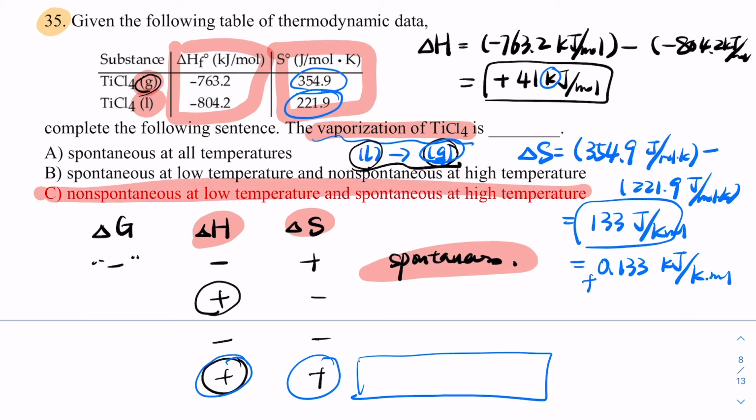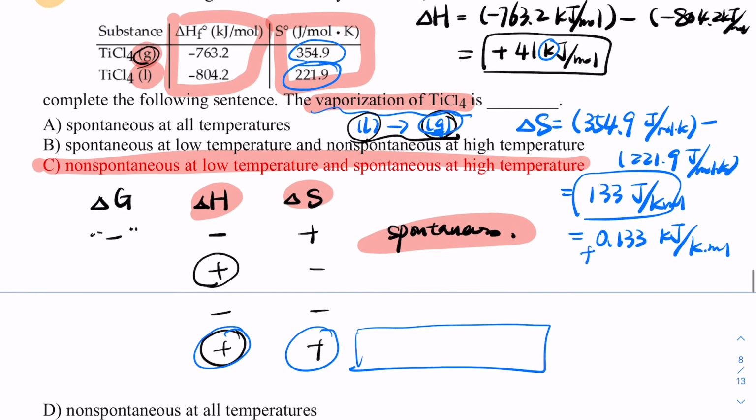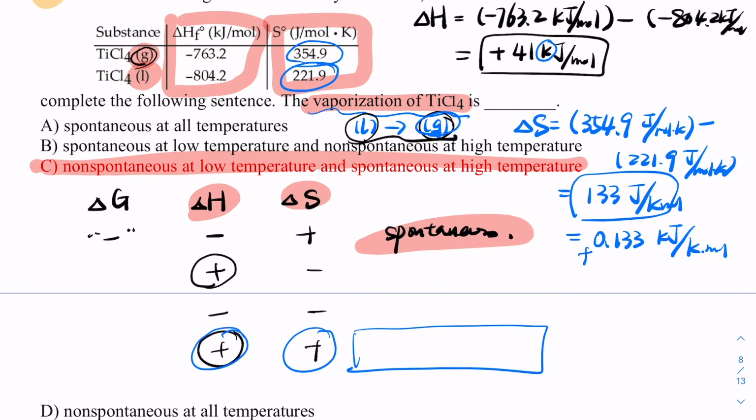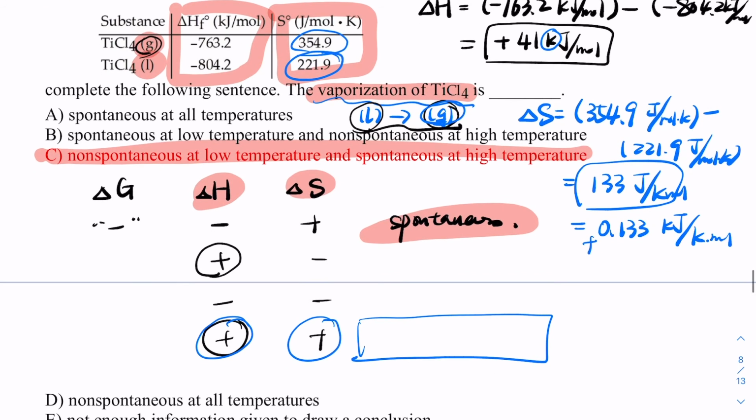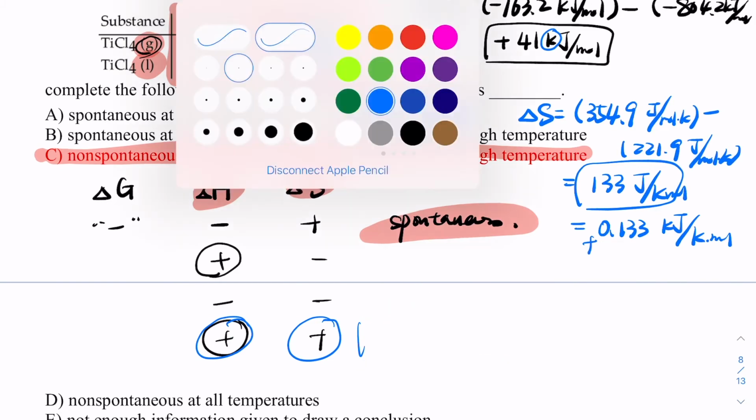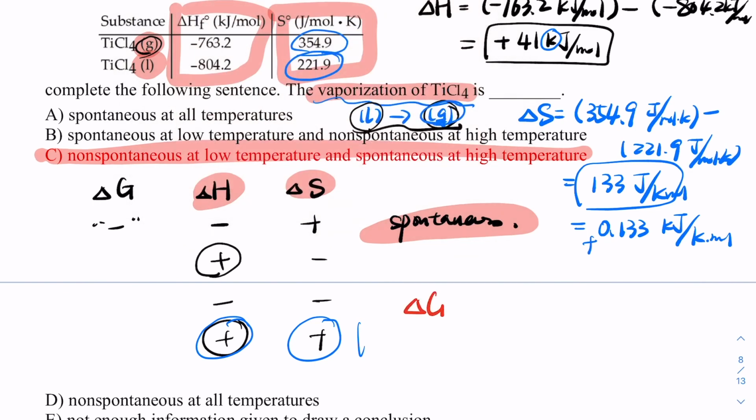But to really understand this concept, you should think about it this way. We need to use this equation, delta G equals delta H minus T delta S. This is really how enthalpy and entropy affect spontaneity.